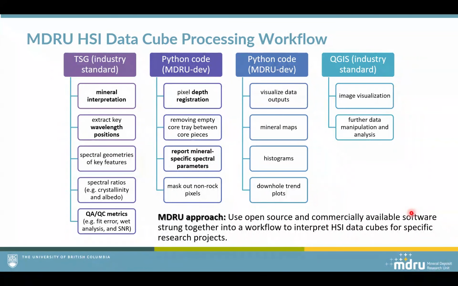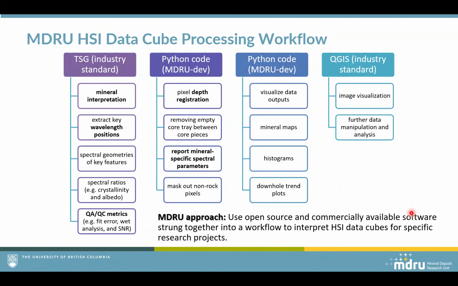From this point, we move to open source methods, in particular Python, where we introduce a pixel depth registration. So most data sets come with this, but we are able to do it without depth information, because each core scan has XY coordinates in the direction that it's scanned.